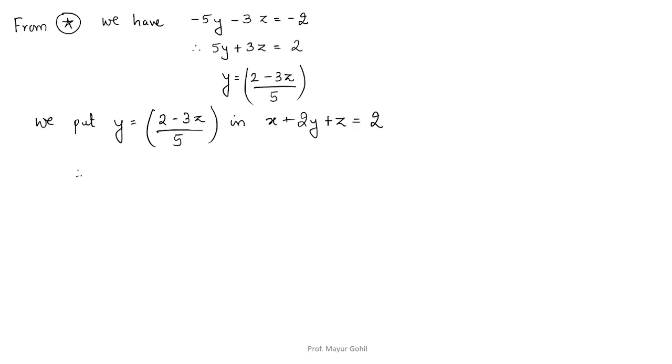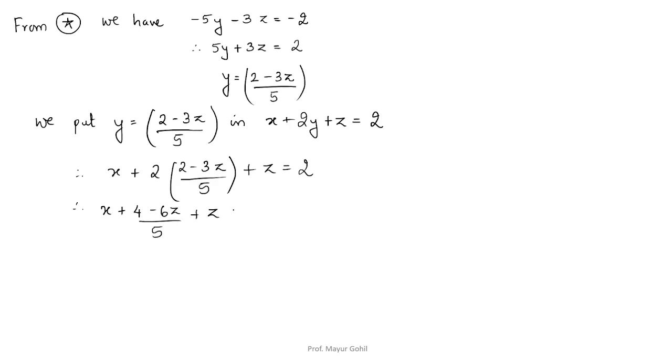So we get here, therefore x plus 2 times 2 minus 3z over 5 plus z is equals to 2. Therefore x plus 4 minus 6z over 5 plus z is equals to 2.